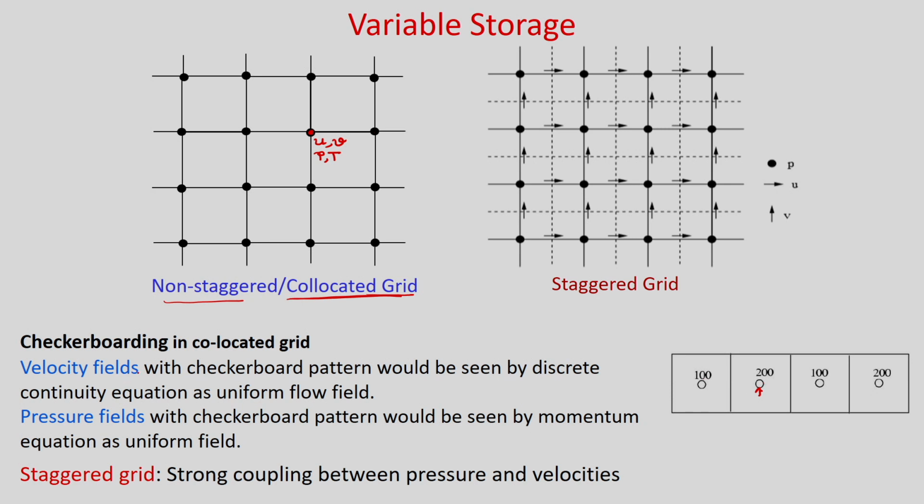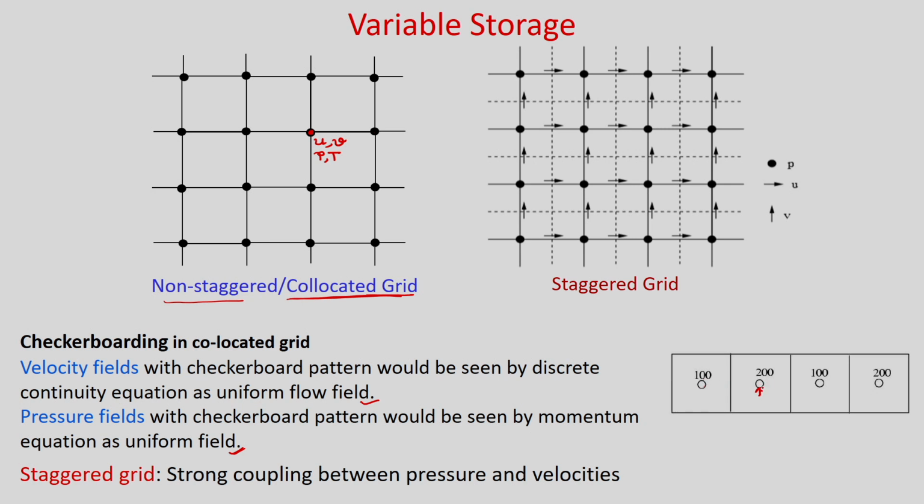For a checkerboard kind of pressure distribution or velocity distribution in a collocated grid, velocity fields with checkerboard pattern would be seen by the discrete continuity equation as a uniform flow field, and pressure fields with checkerboard pattern would be seen by the momentum equation as a uniform field. So, you do not get the pressure gradient, but actually you have a pressure gradient, and it is varying.